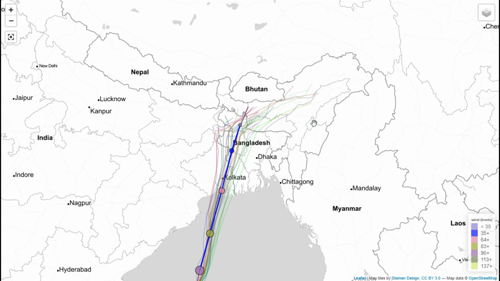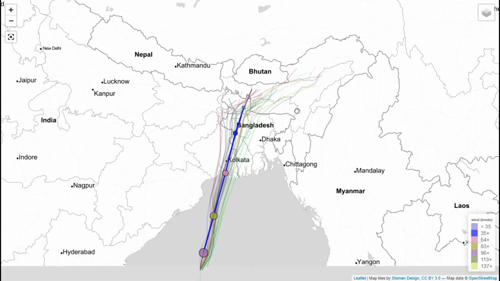So as you see, friends, this is the way we can track the path. This is the way we can measure the strength of a cyclone, and the entire model is mathematical in nature. This model has been created through software, artificial intelligence, and real life simulation with the help of spaghetti models.